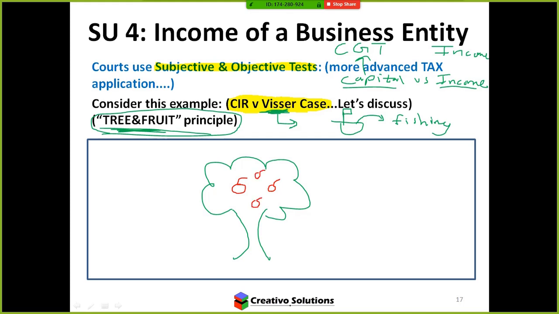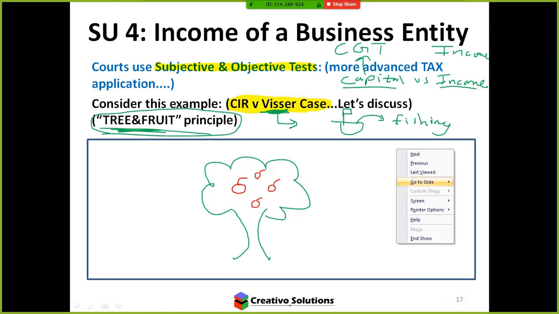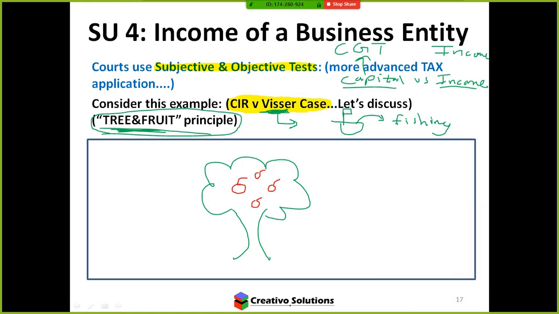What the judgment of the case indicated is, is capital the tree or is capital the fruit? Which one do you think it is? The tree. Very good. This tree is seen as capital in nature.